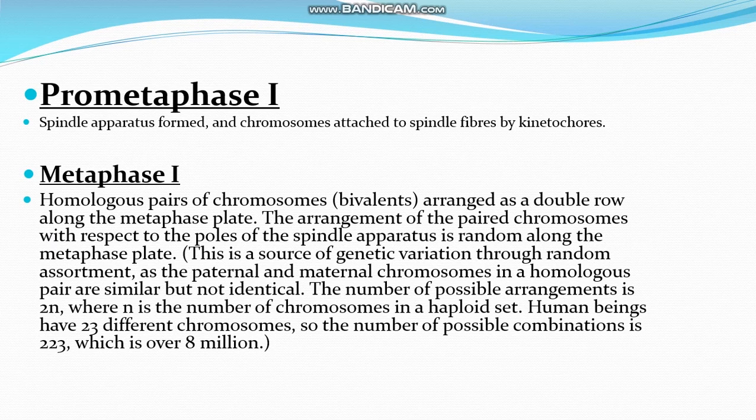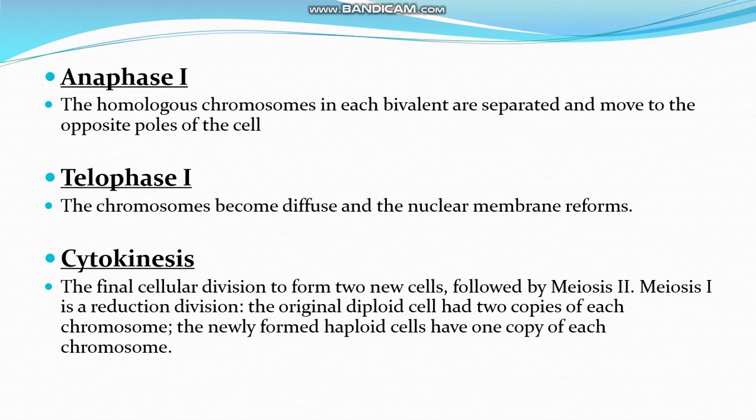This is a source of genetic variation through random assortment, as the paternal and maternal chromosomes in a homologous pair are similar but not identical. The number of possible arrangements is 2^n, where n is the number of chromosomes in a haploid set. Human beings have 23 different chromosomes, so the number of possible combinations is 2^23, which is over 8 million.